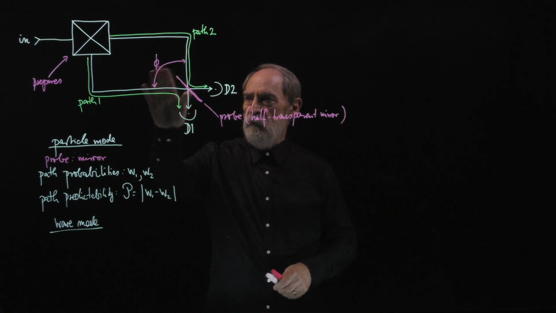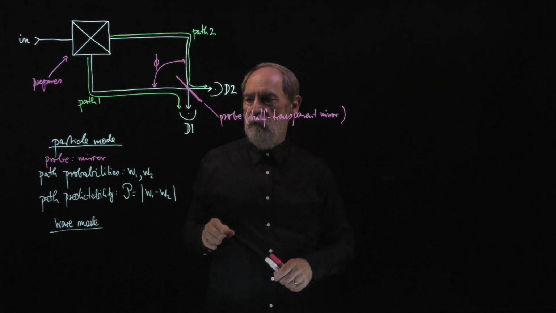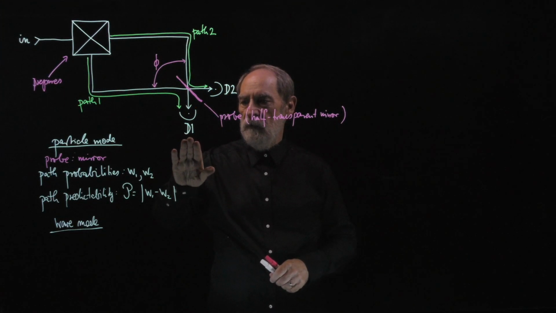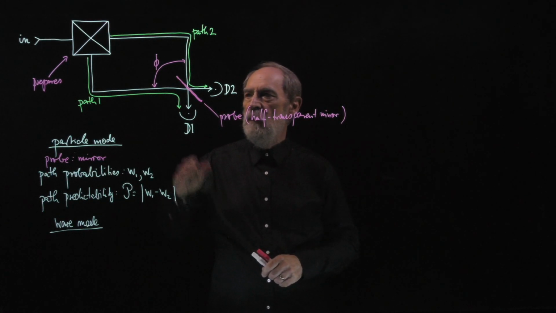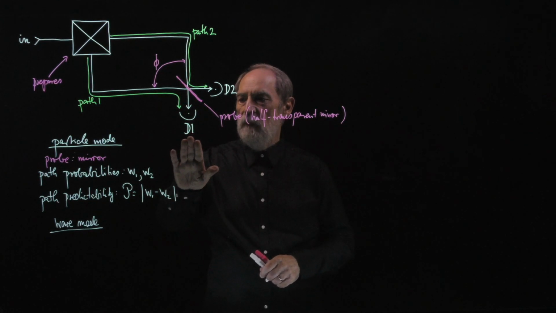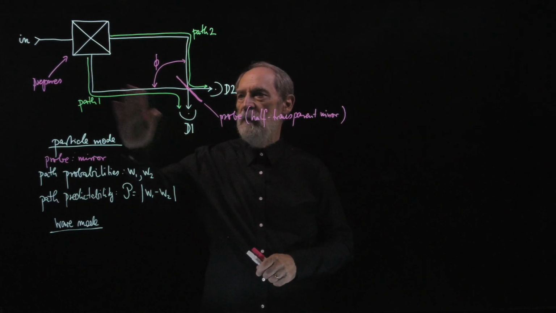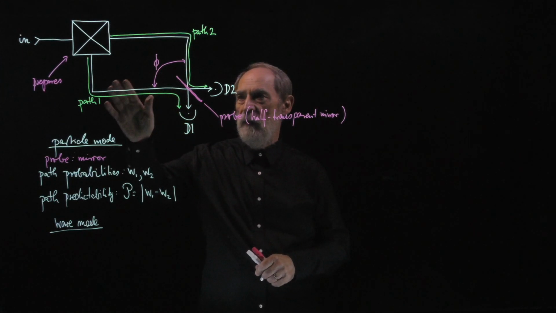So now we choose a value of the phase, we send a lot of particles through, and we count how often the particle is registered by detector 1, how often by detector 2. Then we change the phase, we send more particles through, we check how often we get the particle registered by detector 1, detector 2. We do that for a third phase, we do that for a fourth value of phi, and so forth.